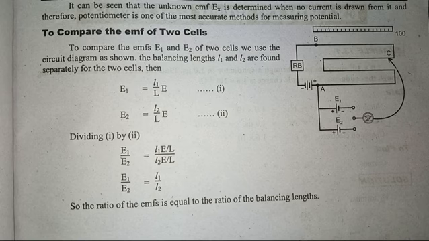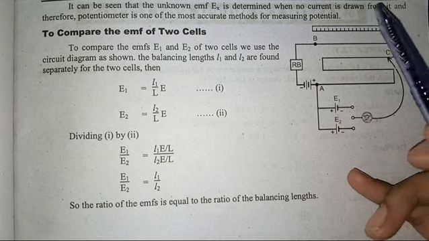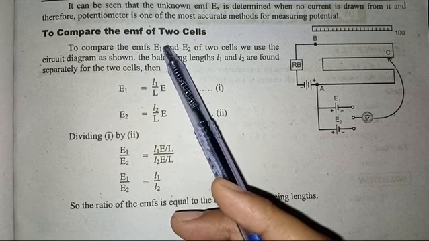So this is the accurate method to find the unknown EMF of a cell by using a potentiometer. The third function is that it is also used to compare the EMF of two cells.